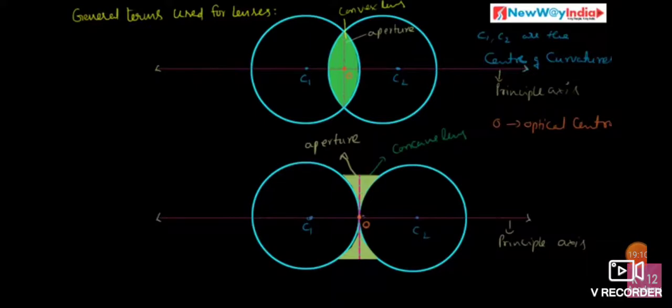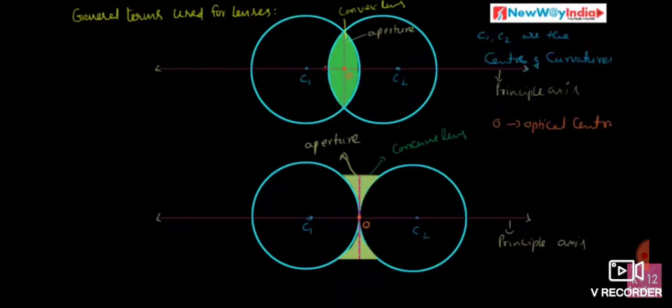Next, principal focus. What is the principal focus? It is a point on the principal axis. For a convex lens, if a parallel beam of light strikes the lens, after refraction the rays meet at this point.